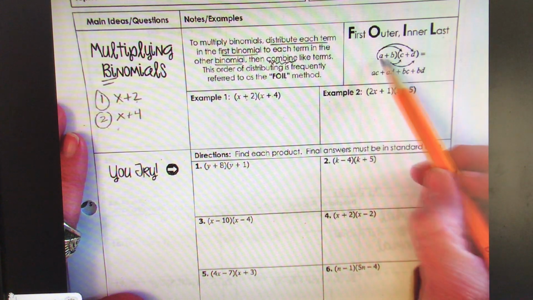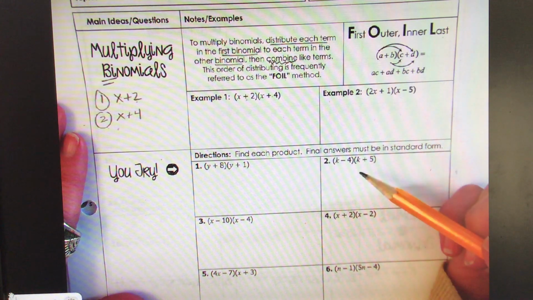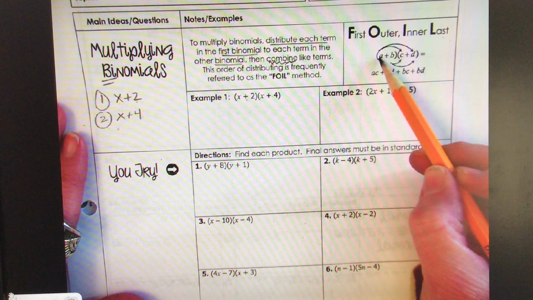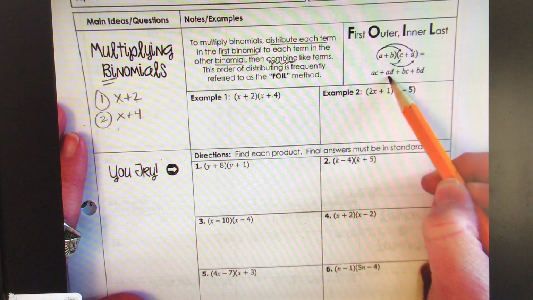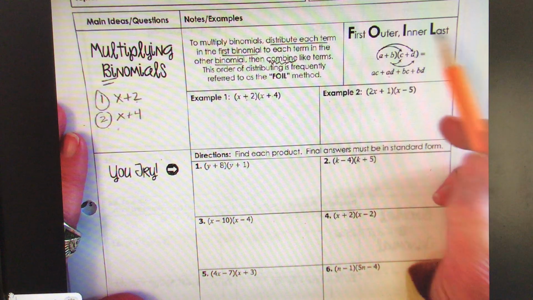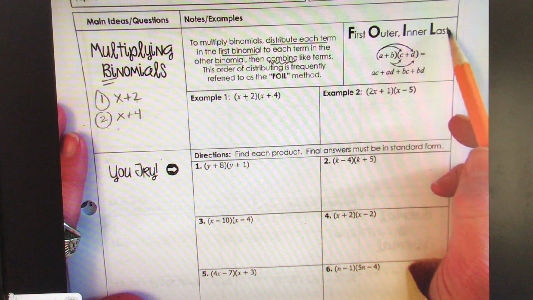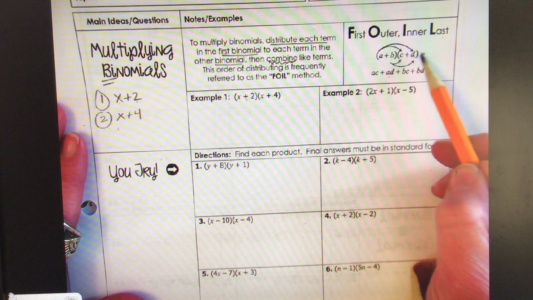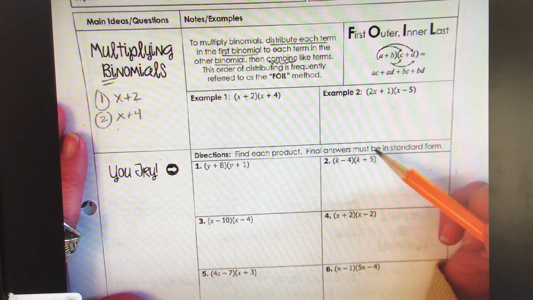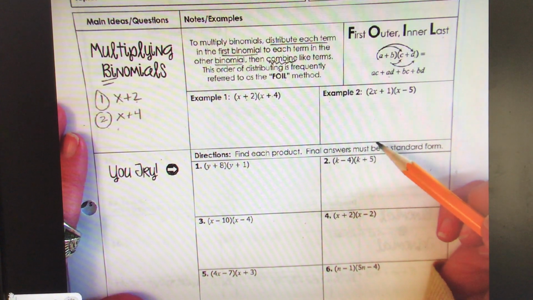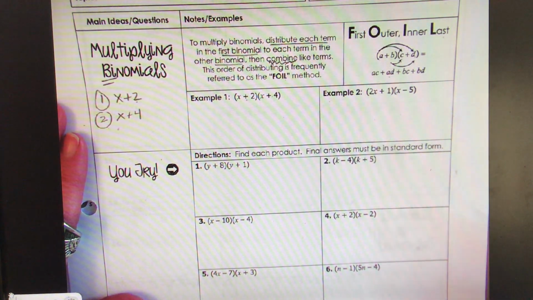So for example, I have A times C. Outer stands for the 2 outer terms, so it would be A times D. The inner terms would be B times C, and then last but not least, the last terms, B times D. That's what FOIL stands for. It can be a helpful acronym to help you make sure that you tend to all the terms in the polynomials that you're multiplying together. So let's go for it.